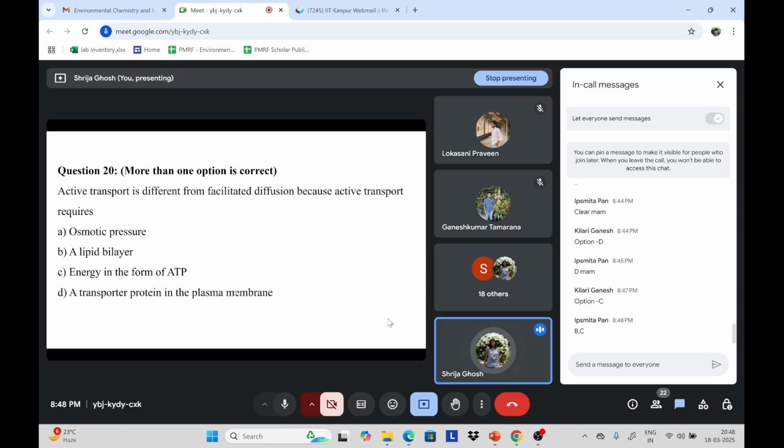Active transport is different from facilitated diffusion because active transport requires osmotic pressure, lipid bilayer, energy in the form of ATP, or a transporter protein in the plasma membrane. We have one answer, option C, and another answer, options B and C. Anyone else?